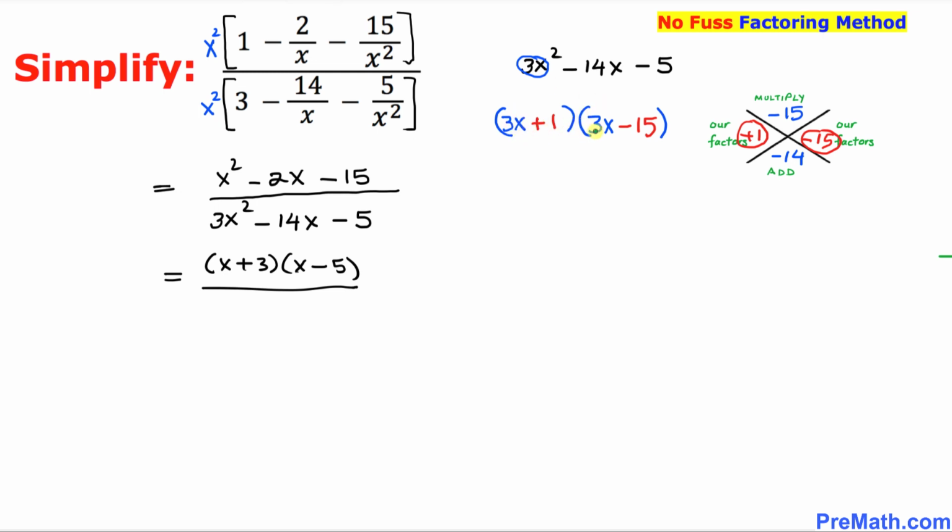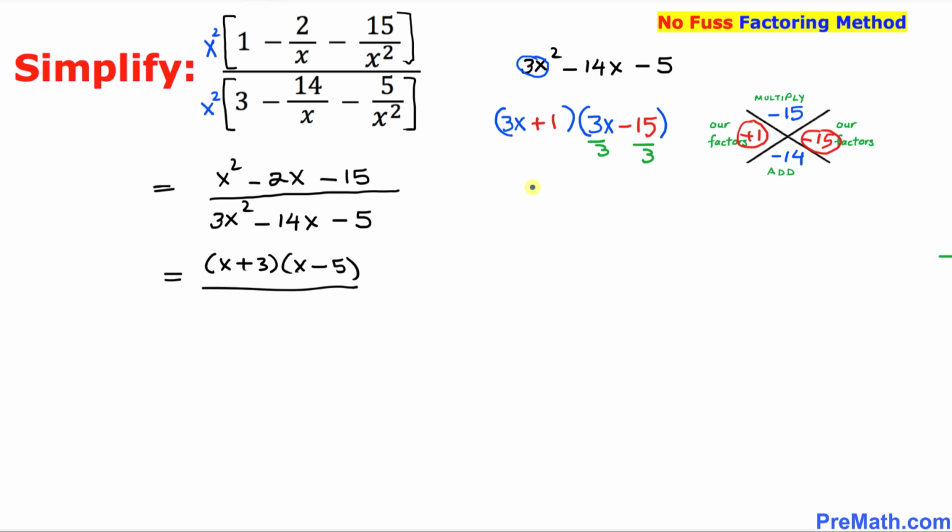The last thing that we are going to do is look at the first parentheses. We have nothing in common, but in the second parentheses, they have 3 in common. So that means we are going to divide by 3. Always make sure you divide them by whatever is in common.